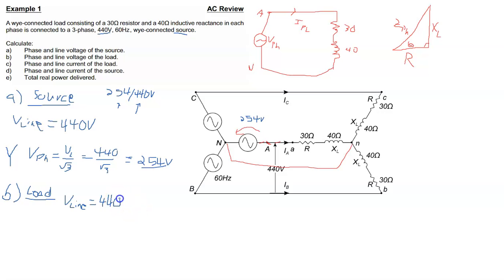So then, in order to come up with the phase voltage in the load, consider its connection. Well, it's also a Y connection. So that means that we don't need to do a calculation over there, because V phase again is 440 over root 3.